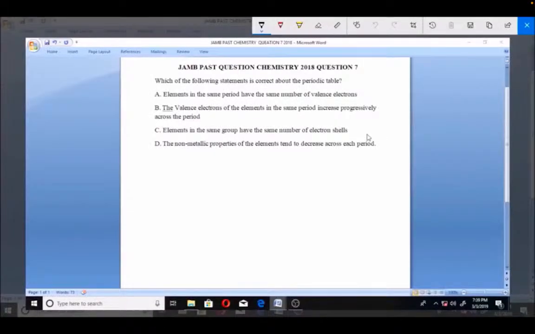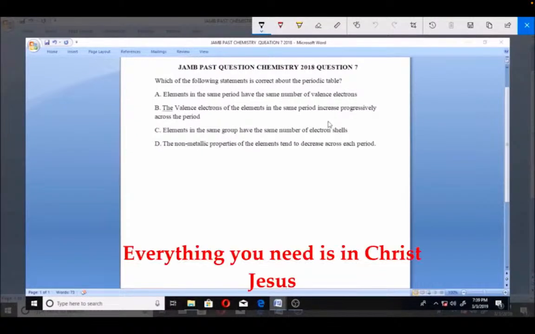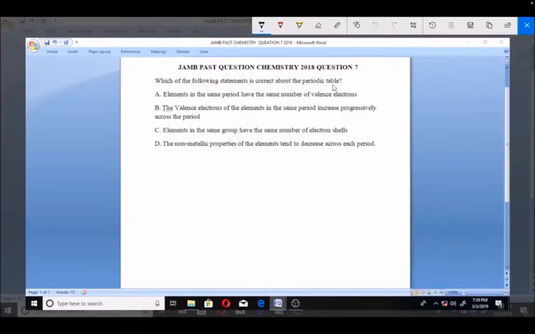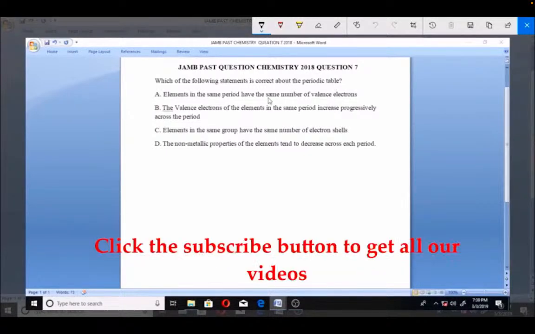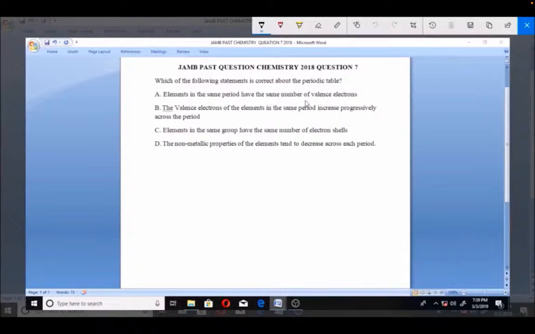Yes, welcome. Let's look at this question number 7 for JAMB past question chemistry 2018. Which of the following statements is correct about the periodic table? A. Elements in the same period have the same number of valence electrons.